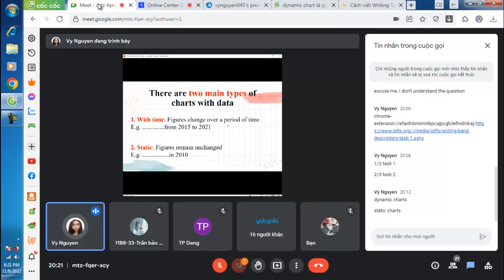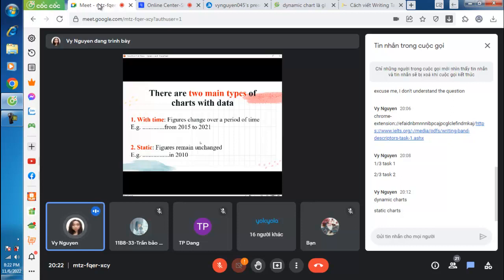A static chart, static means it doesn't change. It means stand still. Dynamic means move. So with time, we call it a dynamic chart. Without time, we call it a static chart. You can usually see it when the question says in 2010 or in some year, one year only.